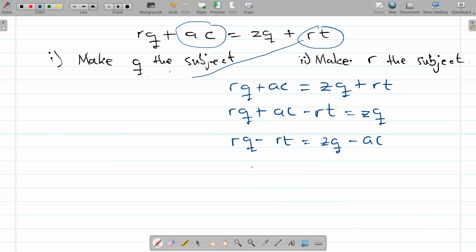So R, bracket, Q minus T, over Q minus T, equals ZQ minus AC over Q minus T.